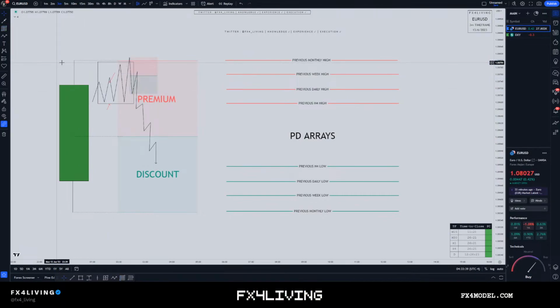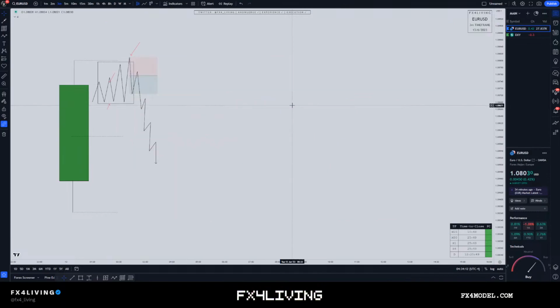If this displacement is a 30-minute candle, it's easy for me, because I want to take a short inside the premium zone of this displacement move and anticipate the next move to go down, respecting that high. Oh, this is not showing anything right now. Okay, so respecting this high here, maybe I can remove that.